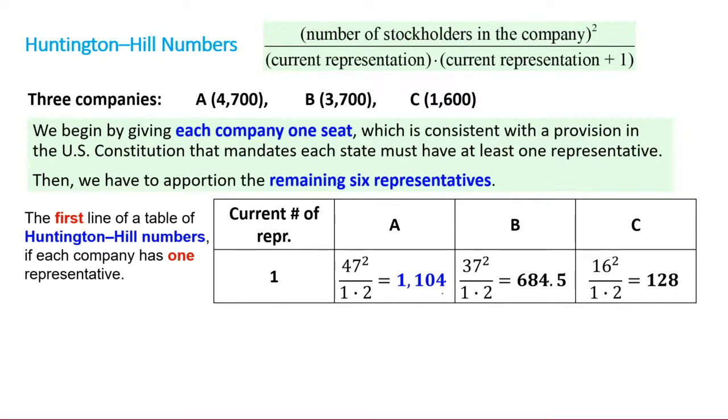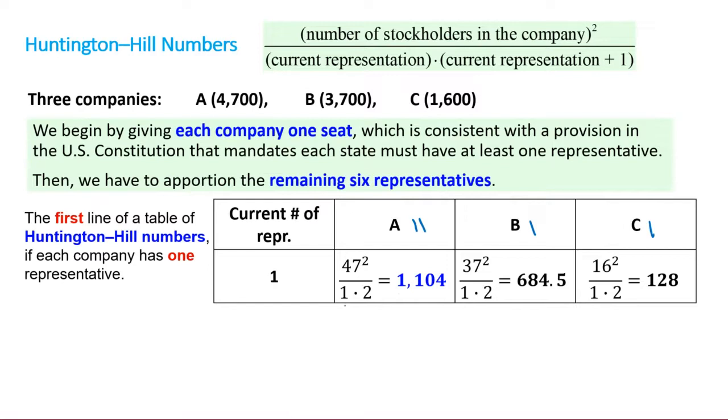Okay, we have 1,104, we have 600, and we have 100. Okay, 1,104 is definitely greater. So the second representative goes to A. So first they all have one representative, and now A gets the second one.